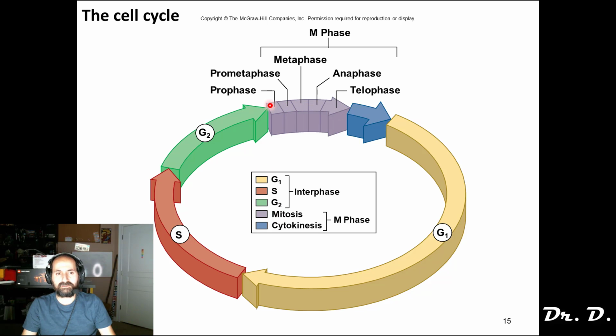The purple arrow is mitosis: prophase, prometaphase, metaphase, anaphase, telophase. Those are subphases of mitosis. And then you've got cytokinesis, which is the blue arrow here. So these arrows represent the cell cycle. And notice how M phase is only roughly about 10% of that time.